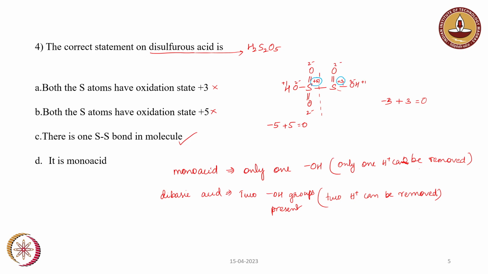So here two OH are present, so two H plus can be removed from disulfurous acid. So the statement is wrong. Disulfurous acid is a dibasic acid. So the answer is option C. There is one S-S bond in the molecule.